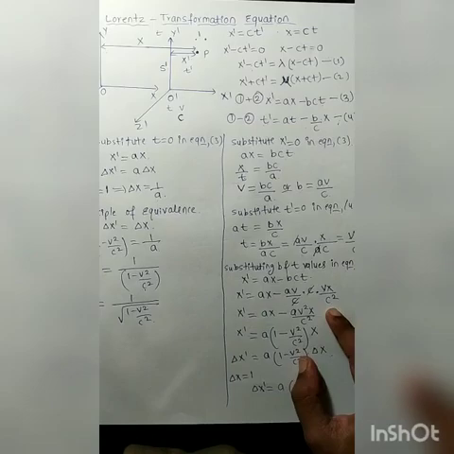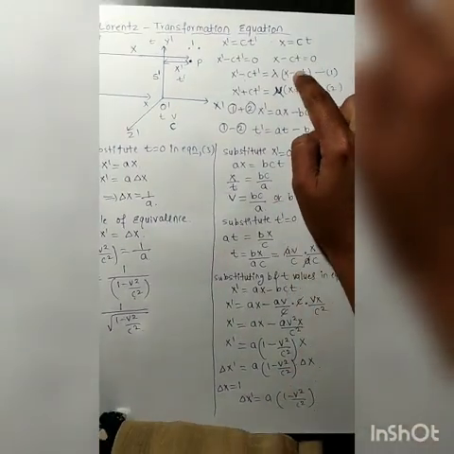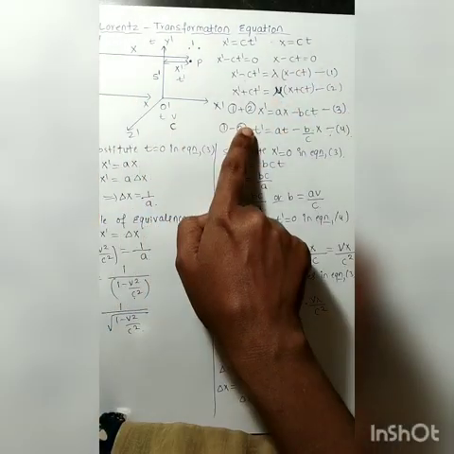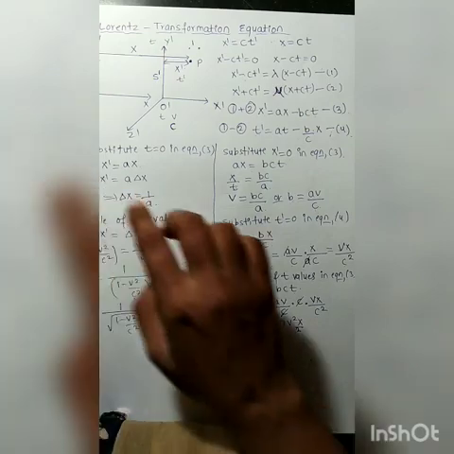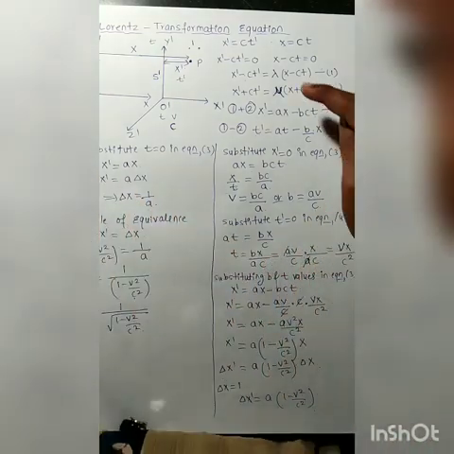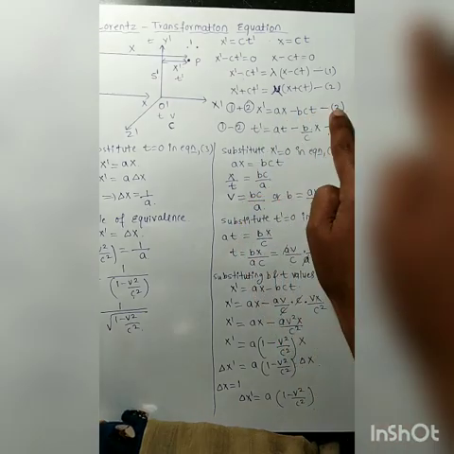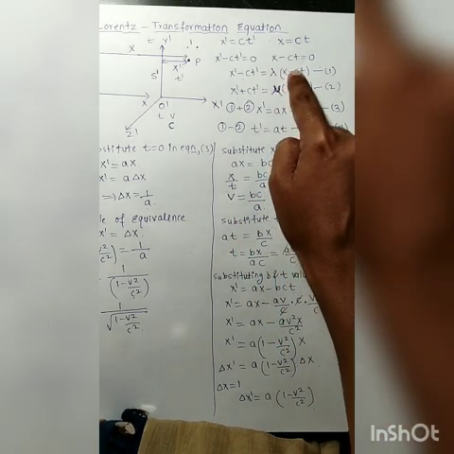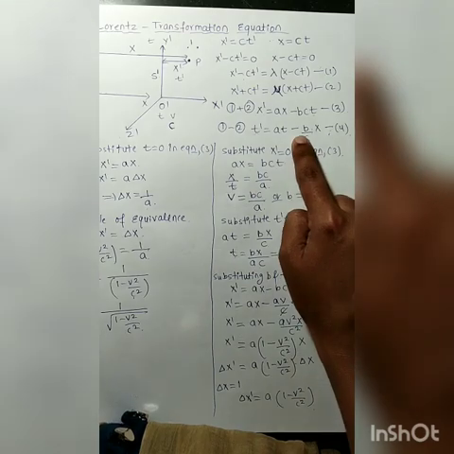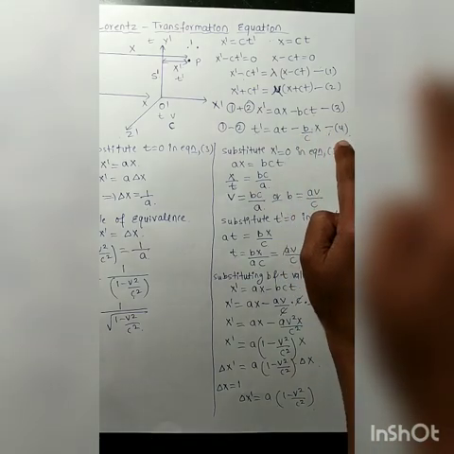From that we got two equations, combining when it is moving along the positive direction and along the negative direction. For these two equations, when we add we get the third equation, and when we subtract we get the equation in terms of t dash, that is the fourth equation.